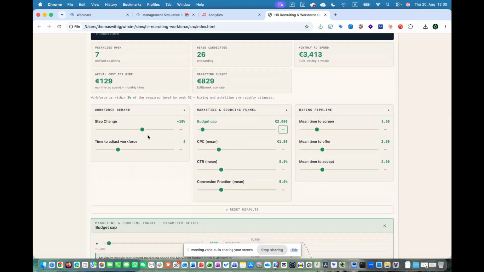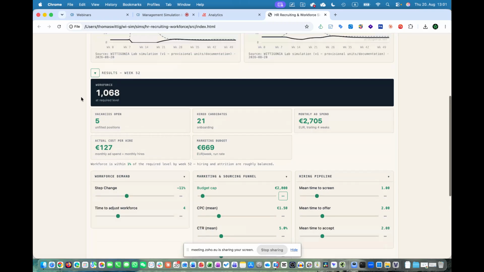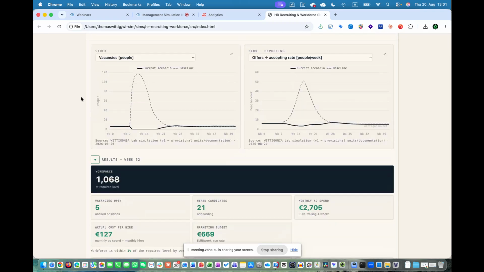By the way, I didn't show it here, but this is also designed to show a decrease, as a lot of organizations face. Let's do the opposite: an 11% decrease of the workforce, and see what it does.